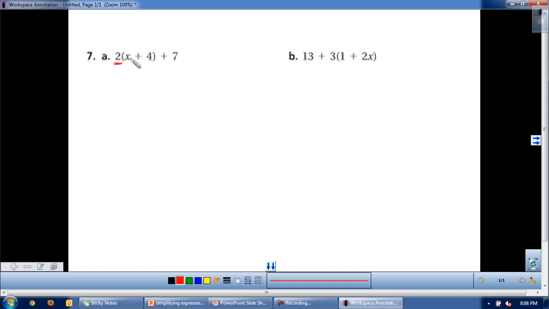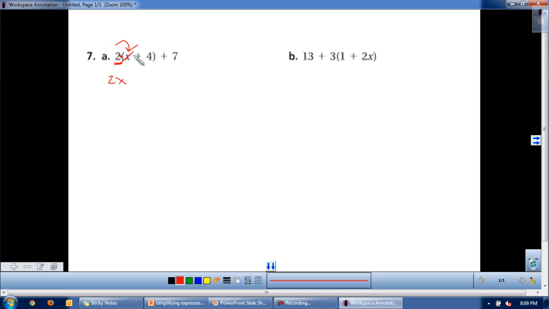This means we're going to take the 2 and multiply it to the x. I'll put a little dot there just to remind us that we're multiplying. So we'll take 2 times x, that is 2x. I'm going to cross out my x here to remind me that I still have to multiply the 2 and the 4. Oftentimes students only multiply the first term and then leave the second term unmultiplied.